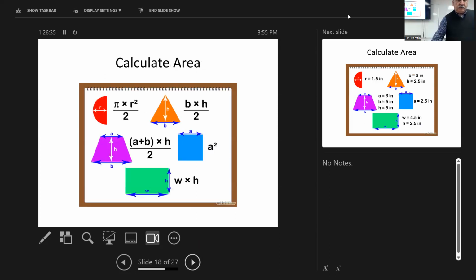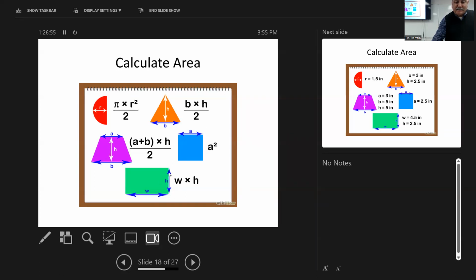Another thing, we come to geometry and calculation of areas. Some of these you have to remember how to do. The triangle is base times half the height. Square is the side times itself: a times a, I get a squared.